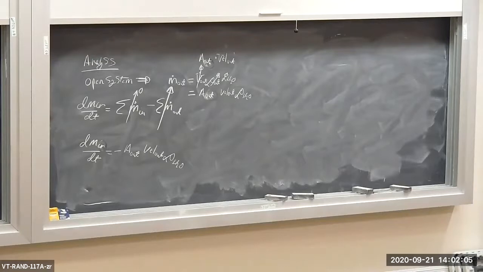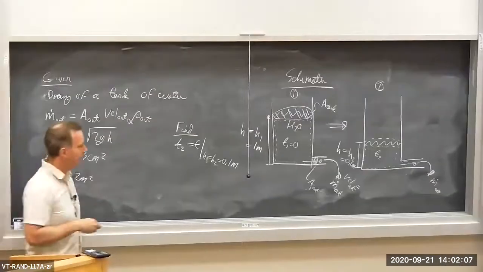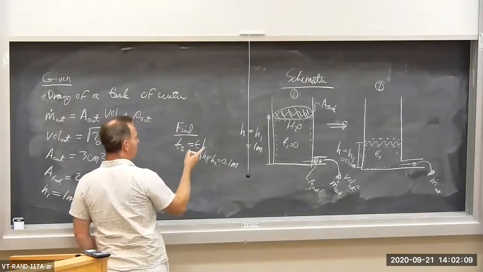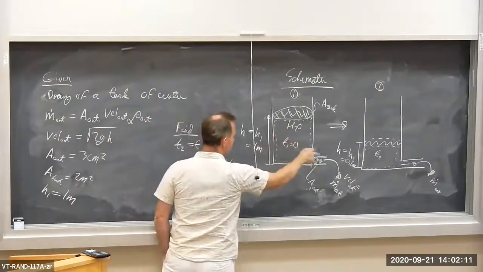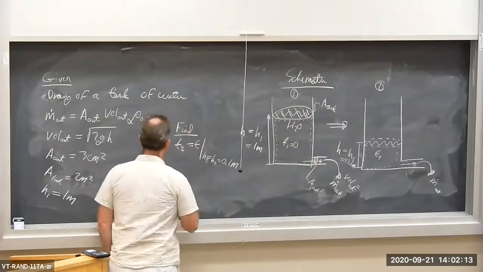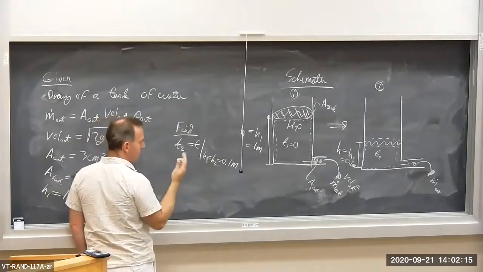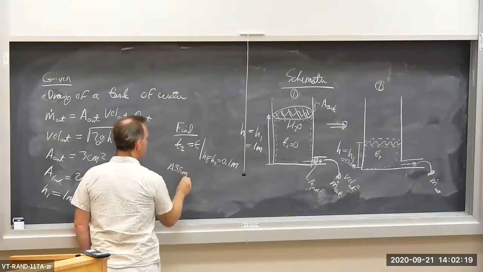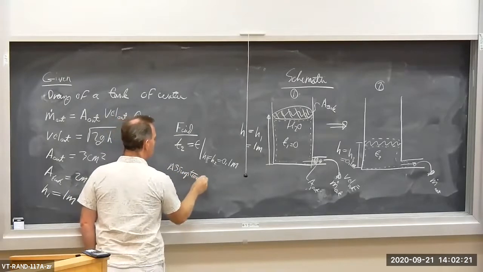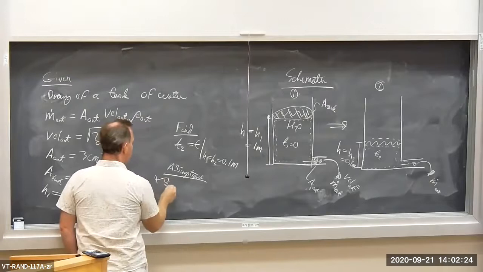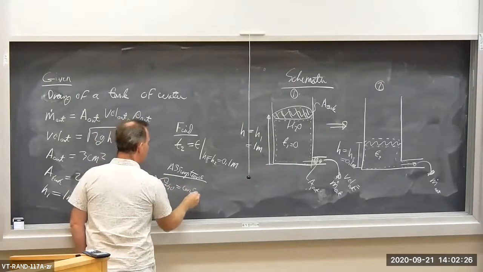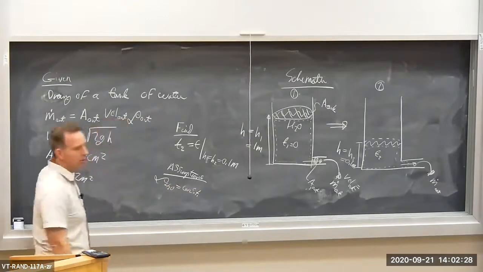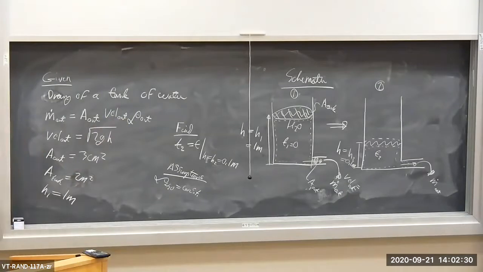Maybe I should put some assumptions here. I'm going to assume the density of the H2O is the same. It's a liquid. So I'm going to assume density is constant. This will come into importance in just a moment. So assumptions: rho H2O is constant. In other words, incompressible. So the liquid H2O doesn't change density over time.